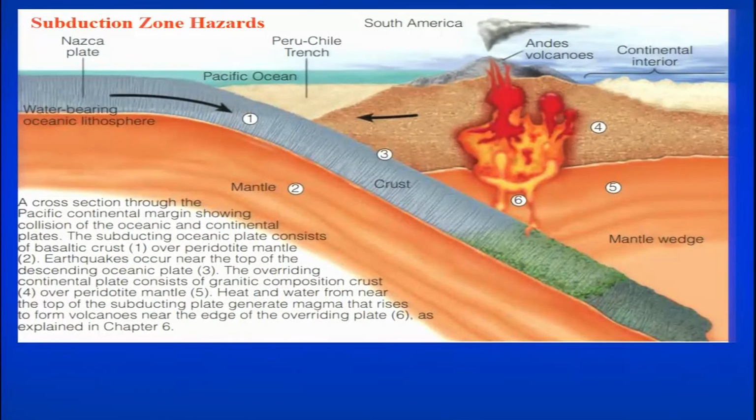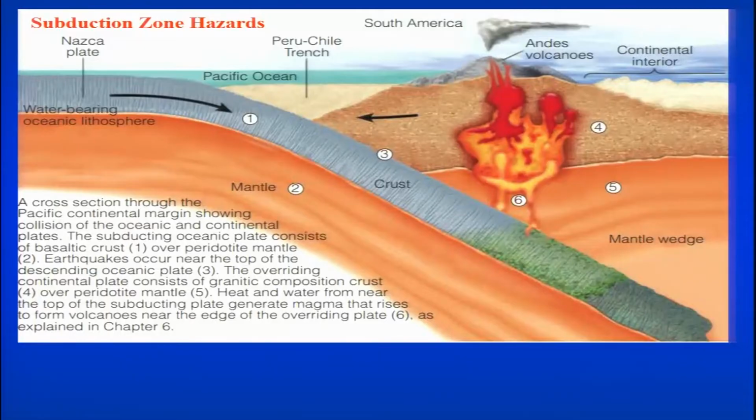So this I have already explained, that if you have the oceanic plate subducting below the continental plate, then you will have one hazard, which will be volcanic eruptions. Another one is that if this moves and we have water on top of it, then along with the mega earthquakes, we will also have a tsunami, because there will be a disturbance of the water column which is sitting on top of this.